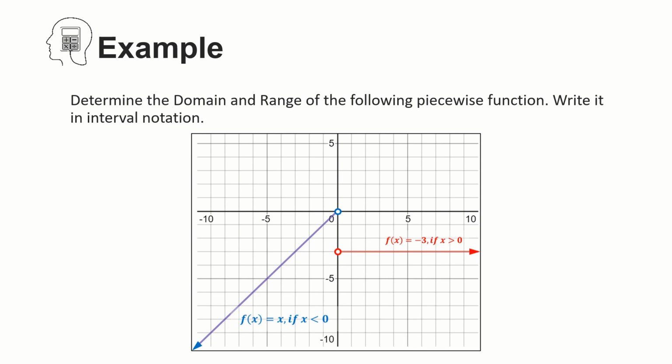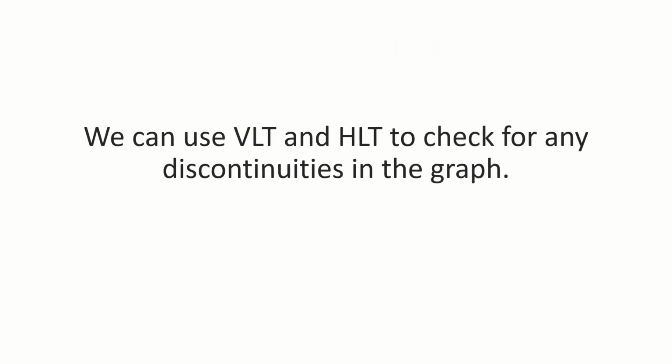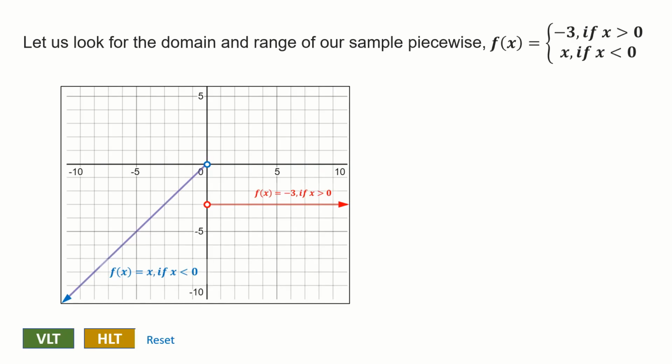So example. Determine the domain and the range of the following piecewise function, and then write it in interval notation. So we can use VLT again. We can use VLT and HLT to check for any discontinuities. So if there are any holes or any gaps in the graphs, then we can use the VLT and the HLT to check these discontinuities.